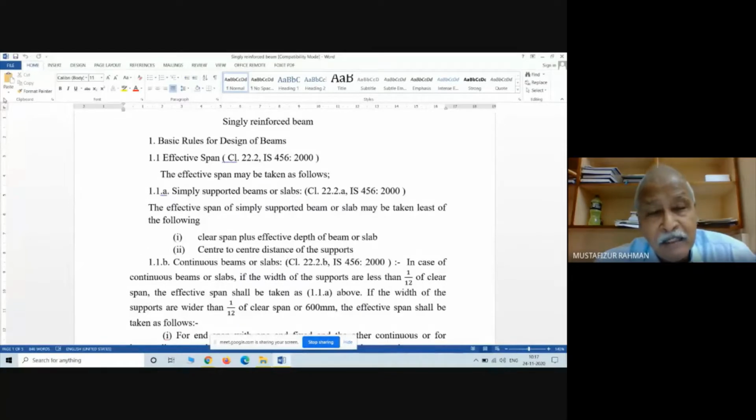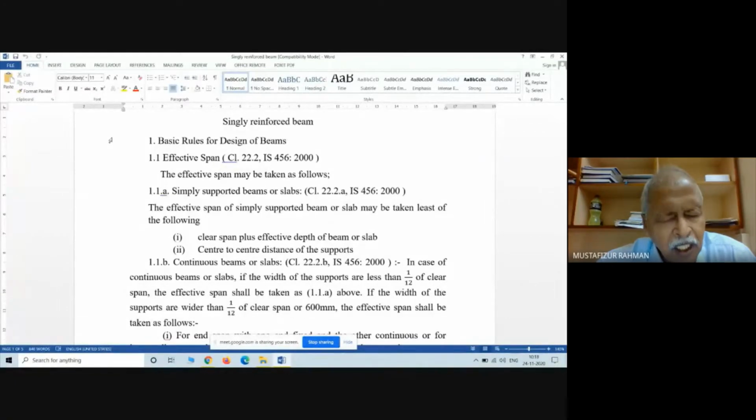Okay, and independently, if a member is subjected to shear force, we try to find out whether shear reinforcement is required or not. If shear reinforcement is required, we have to provide the reinforcement. We had studied stirrups.